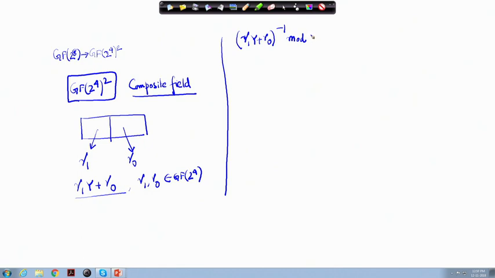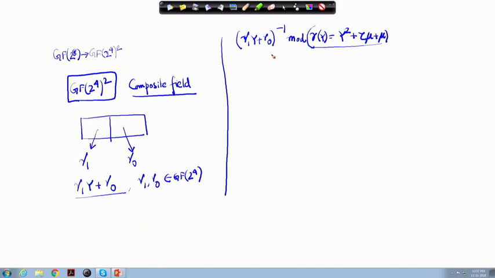The irreducible polynomial here is R(y), which is denoted as y square plus tau y plus mu. Remember that when we talked about composite fields in the last class, we were doing this modulo kind of thing, and that is where you are handling elements in GF((2^4)^2).